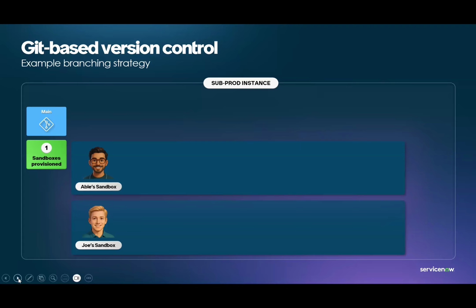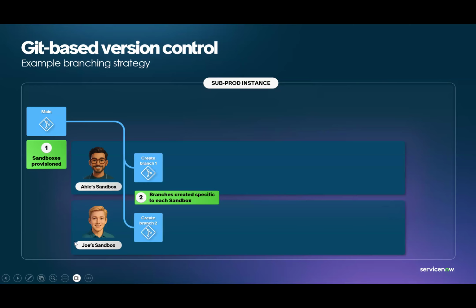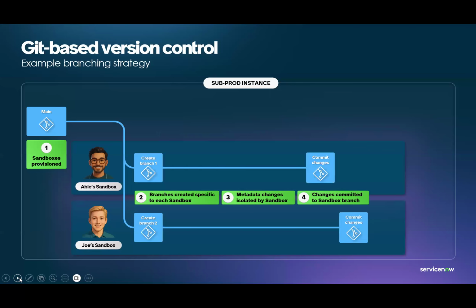So once we have the sandbox allocated and aligned to the start of the sprint, what we can do now is create branches within each of these different sandboxes, right? And so this allows Abel and Joe to perform all of their metadata changes. They're isolated in the sandbox. And so over time during the sprint, they accumulate all of the changes.